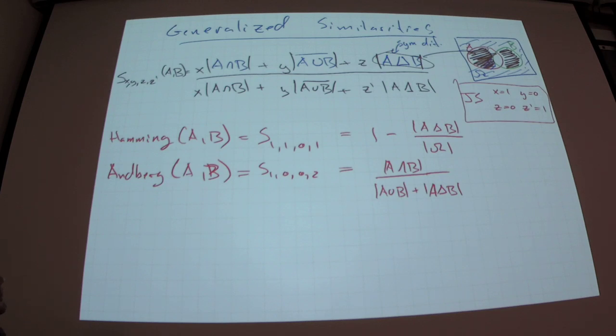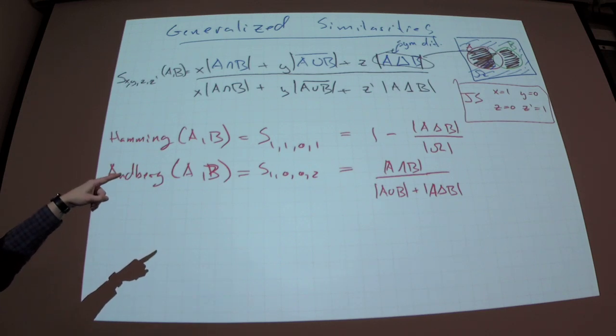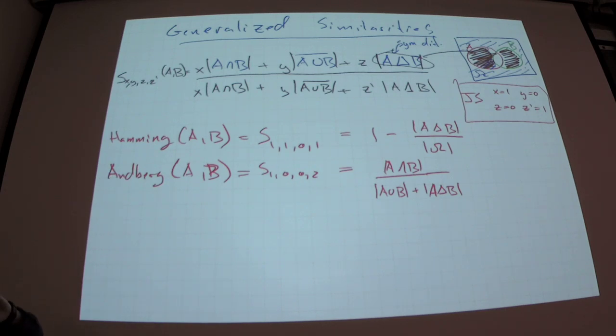I'm not including the symmetric difference in the numerator. Oh, so z is on the numerator and z prime is in the denominator. Yeah, it's a little confusing. I took this notation from a paper. Maybe there's some better way to write this. If you look at it a little bit, it's not too hard to do a little set algebra to figure these things out.